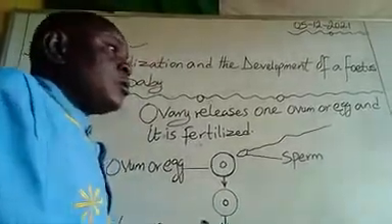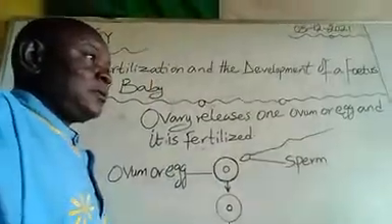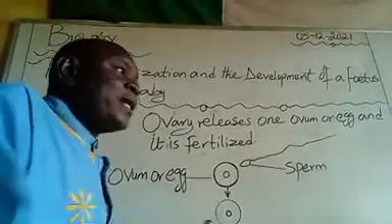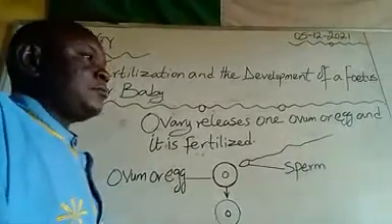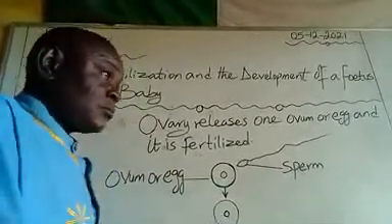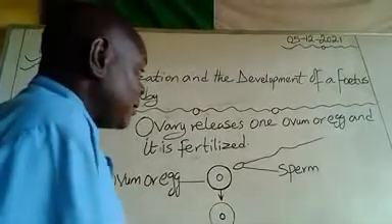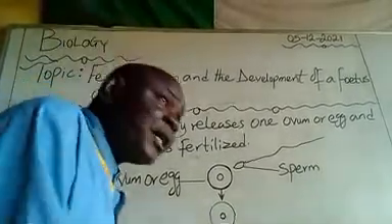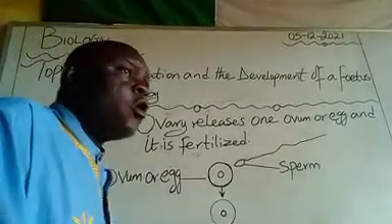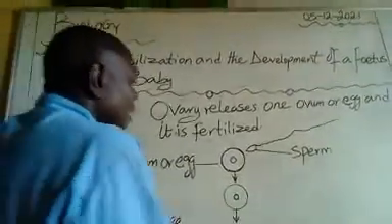Chromosome contains DNA, deoxyribonucleic acid. DNA contains hereditary information in a code form. Alright?